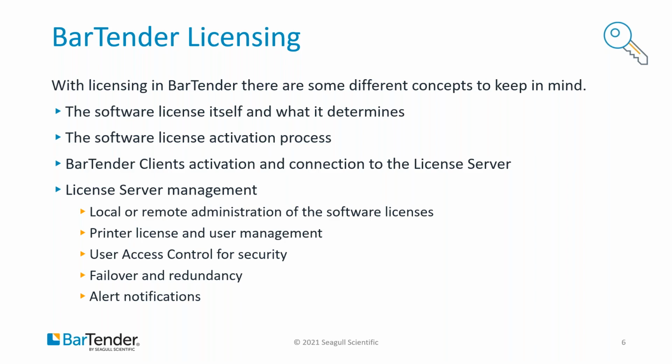And lastly, of course, the license server itself and its management, whether you're performing that management either locally or remote, printer licenses and user management, setting up and defining user access control for security, enabling the various failover and redundancy options in terms of licensing, and of course, alerts and notifications.